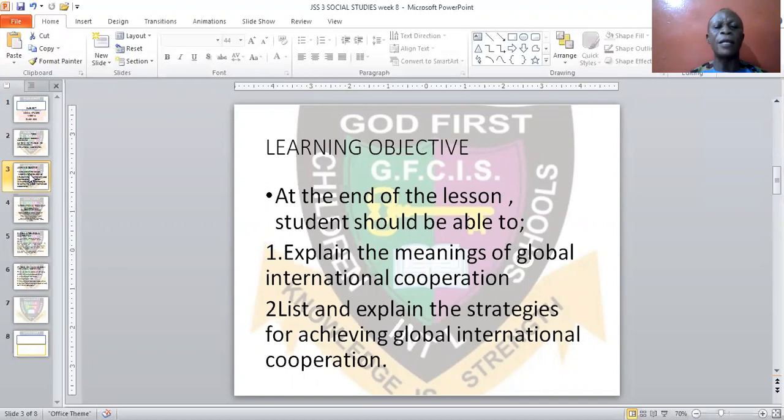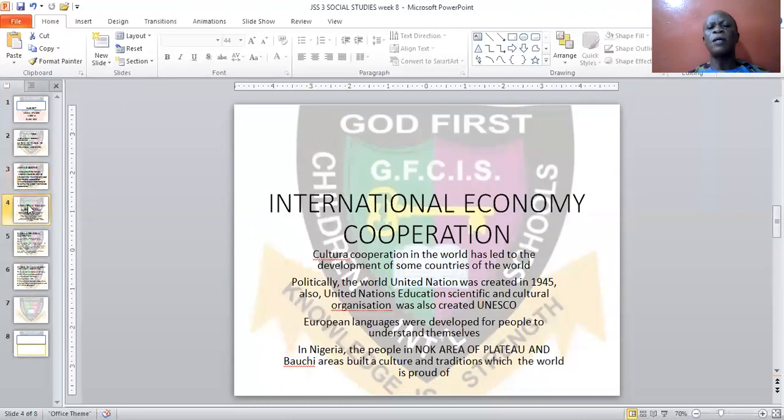Two, list and explain the strategies, the principles that you can use for achieving global international cooperation. Very simple. These are the learning objectives, my aim for you to understand what I want you to understand.